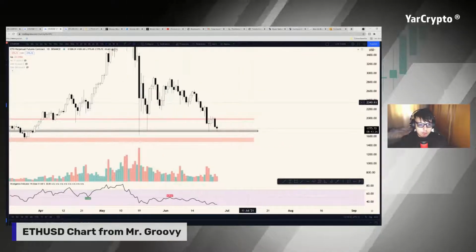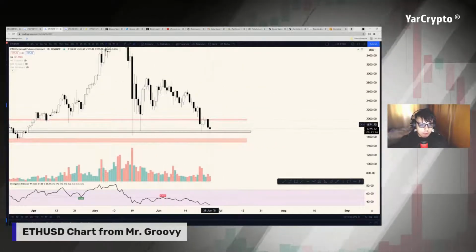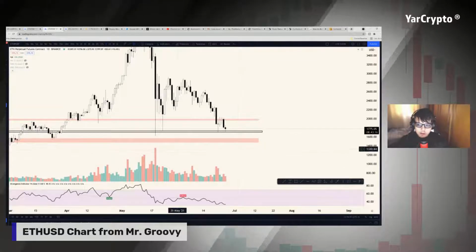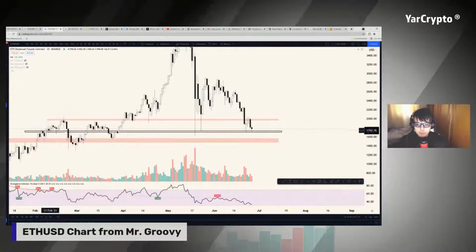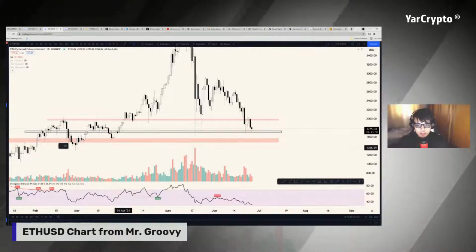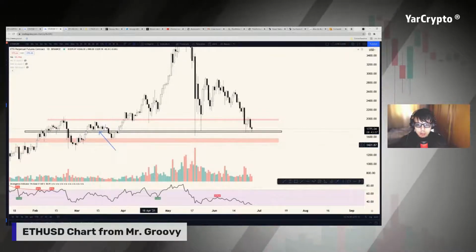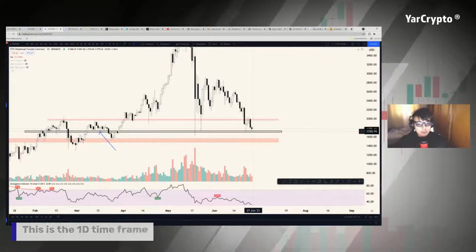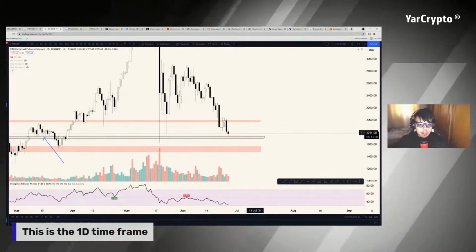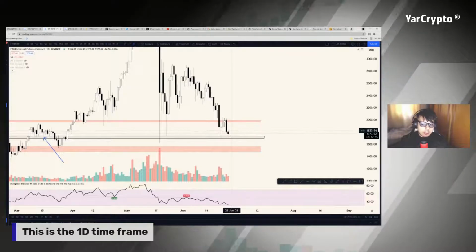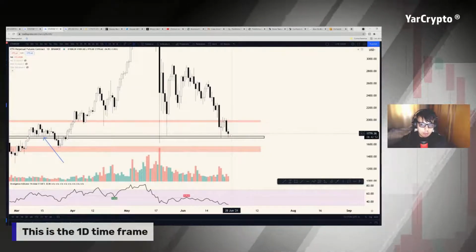We bounced off of that resistance and sold off, and we bounced from the middle range that I was talking about earlier as well on Ethereum. And so from this cluster here, you guys see, let me just point this for you guys, this cluster here, and we bounce from here in the current daily candle as well, similarly to BTC. And now we are in the middle here, just waiting for a decisive candle on the daily as well for Ethereum.